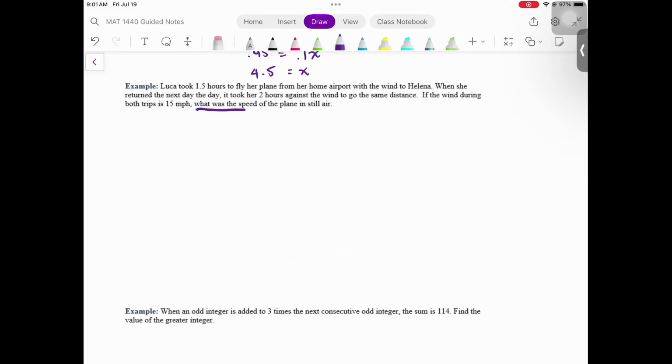We're trying to find the speed of the plane in still air, so we're going to go ahead and identify that variable. I'm going to use S for speed, and actually, maybe I won't use S, because S can sometimes look like a 5.